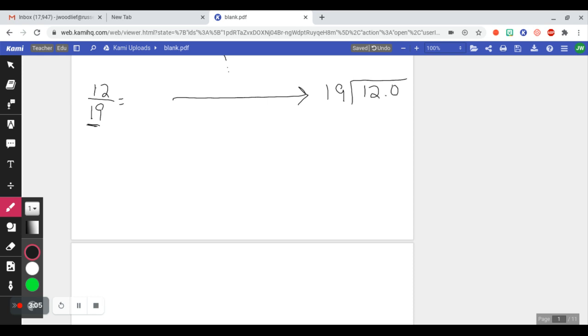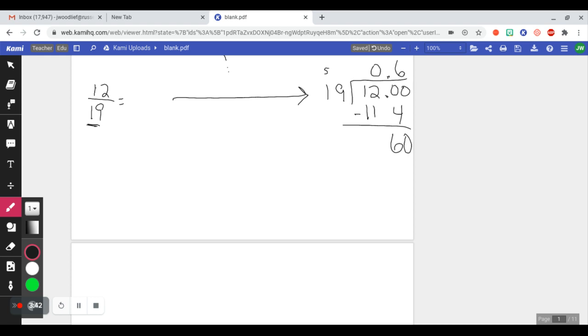Okay, well, 19 cannot go into 12, so we know that's 0. We add a decimal and add a 0. Now I need to know how many times 19 will go into 120. Now I need to move that decimal up. That's going to be 6. So 6 times 9 is 54. 6 times 1 is 6 plus 5 is 11. We're going to subtract. We get 6. I'm going to add another 0.